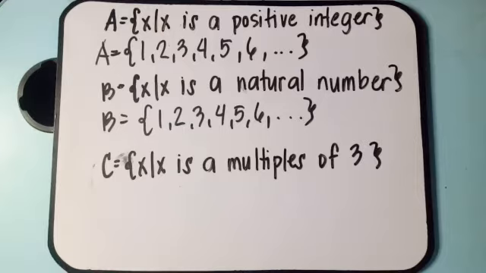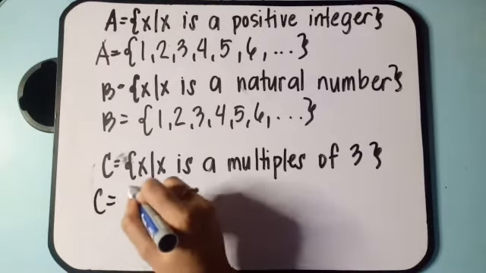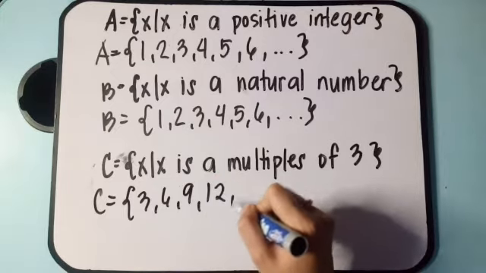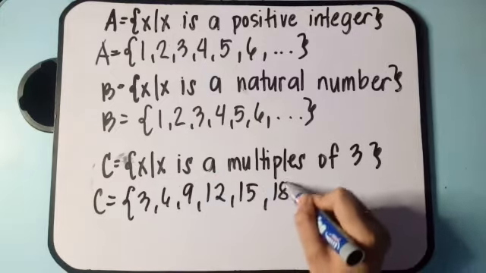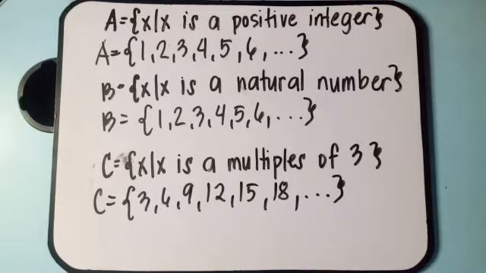Hindi tayo matatapos sa buong araw para i-list down lahat ng multiples of 3, which are 3, 6, 9, 12, 15, 18, and so on and so forth. So, these three sets are some examples of infinite sets wherein we cannot count the number of elements. Okay?